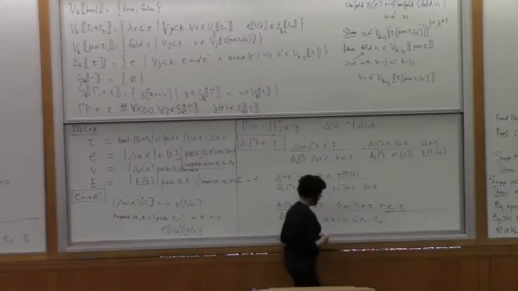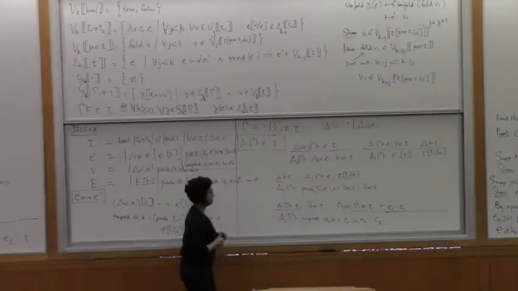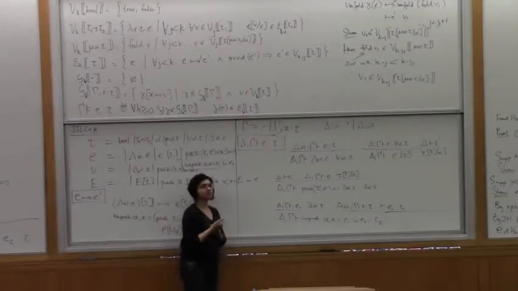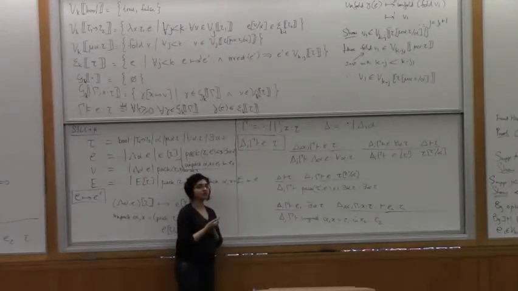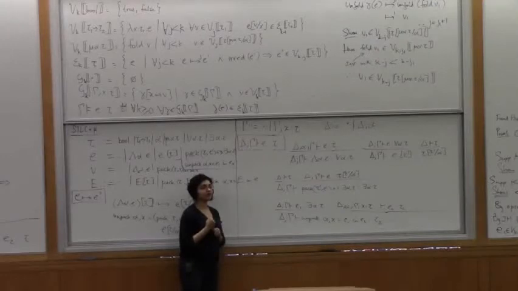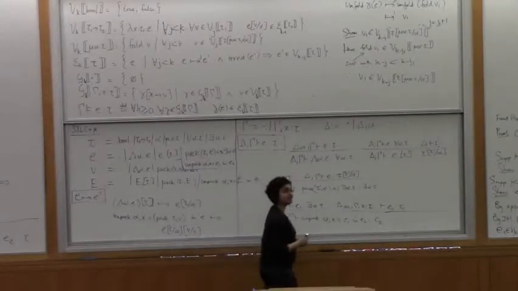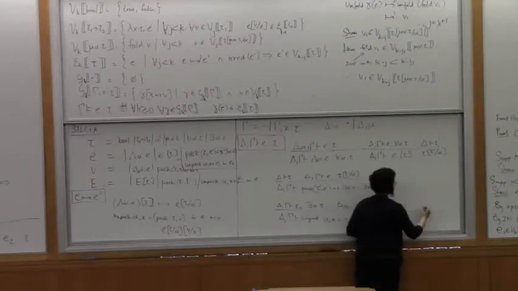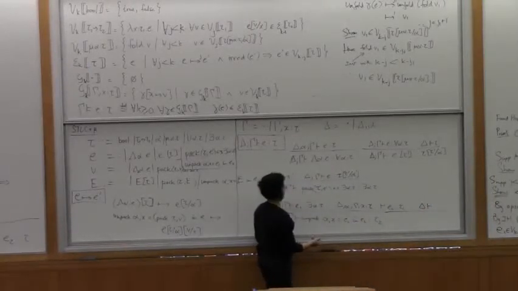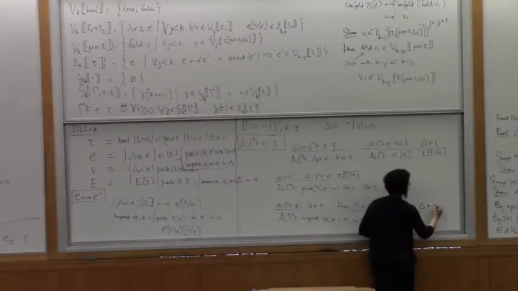Is that it? What do we need to know about tau 2? Tau 2 cannot contain alpha, yes? That's a critical bit. So I'll write that simply as, here I'm assuming disjointness, right? So alpha does not appear in delta, so I'll just say tau 2 has to be well formed under delta.